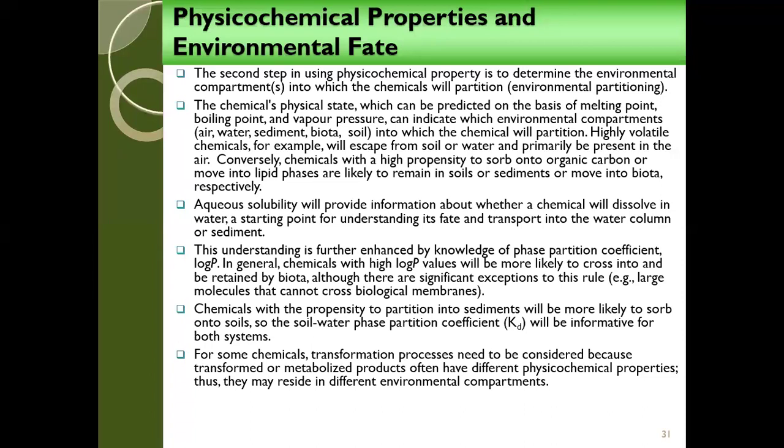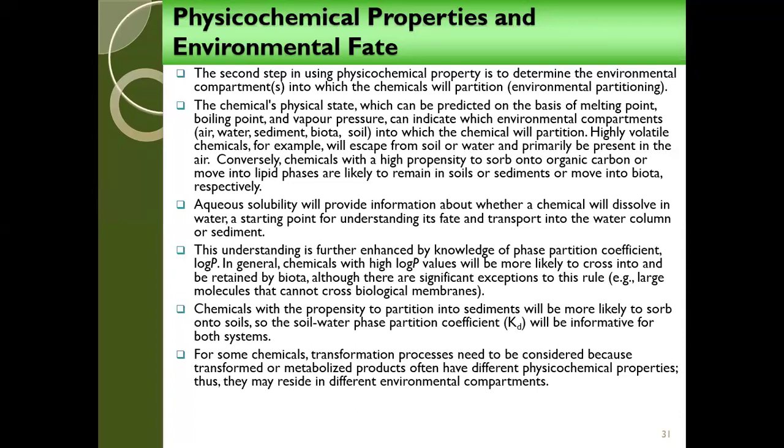Okay? Now, conversely, chemicals with high propensity to sorb onto organic carbon. You know that organic carbon, you can find it in the soil, right? So substances that have that affinity of absorbing or adsorbing onto organic carbon or move into liquid phases are likely to be retained in the soil or sediments or move into the biota, respectively, because they are more inclined to organic materials.